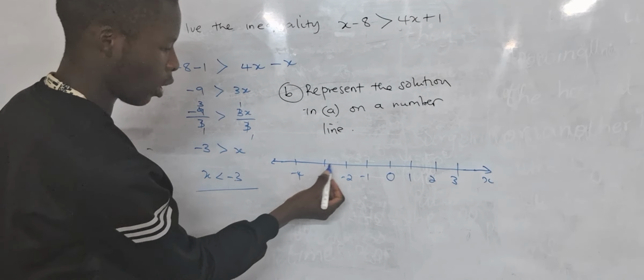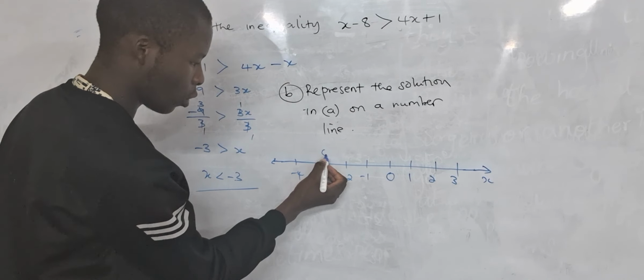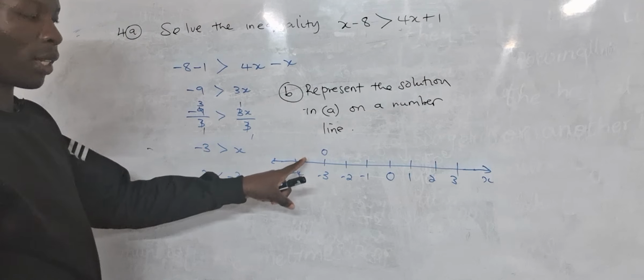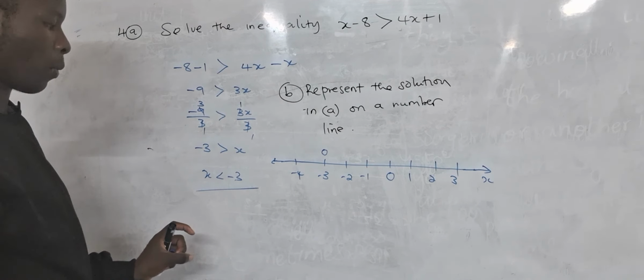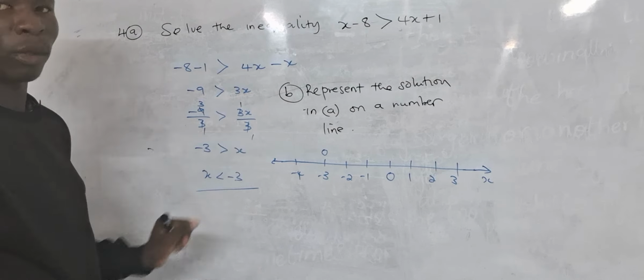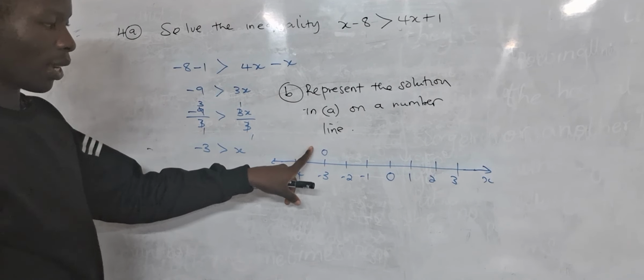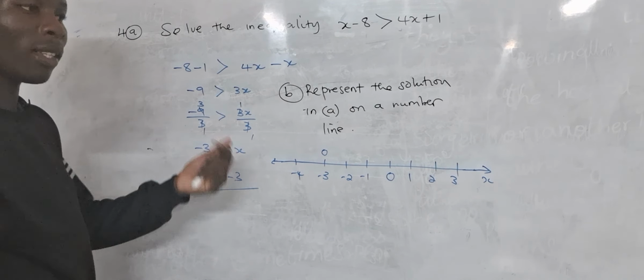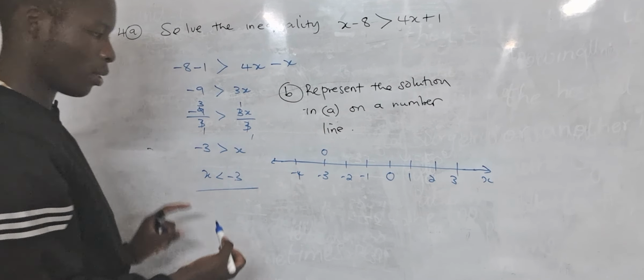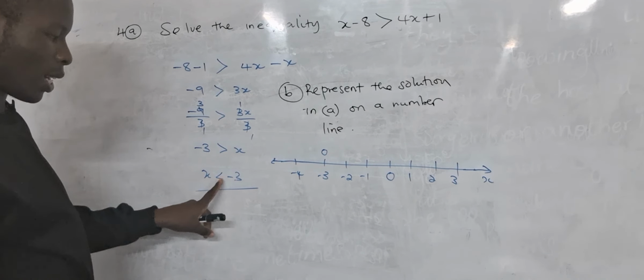Where there is negative 3 here, you put a circle. You are not supposed to shade this circle; you put an open circle. If you shade this circle, it means negative 3 is part of the solution. In this case, negative 3 is not part of the solution. That's why I am writing an open circle. They are saying x is less than negative 3.